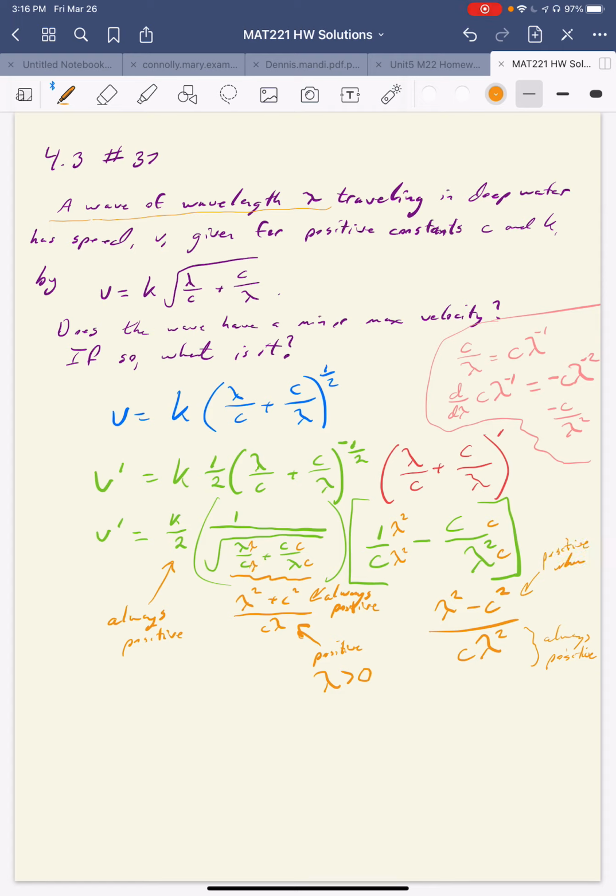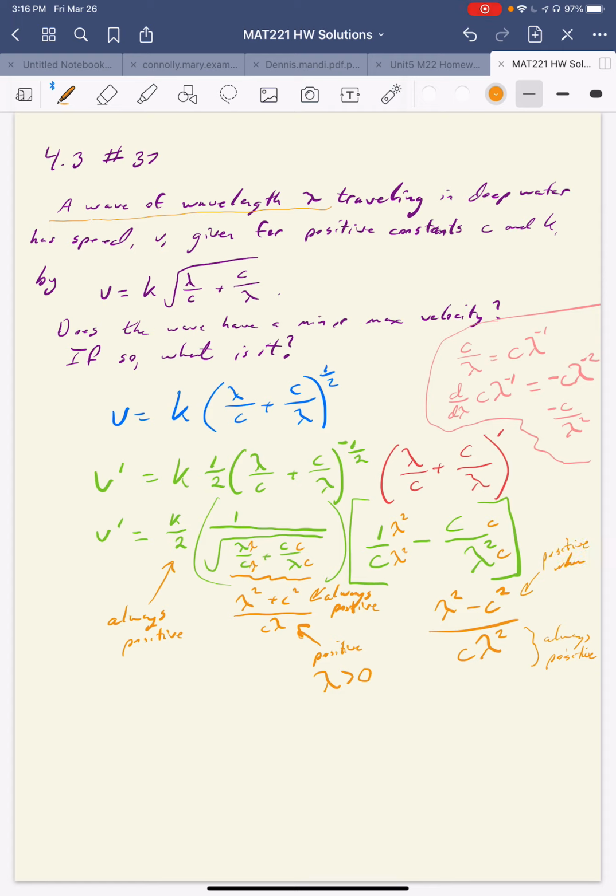But when I go back and look at this again, I see that if lambda is less than c, I'd get some number that's less than c squared minus c squared. That would be a negative number. And so as long as lambda is less than c, my derivative is negative, which means that when lambda equals c, my function v is minimum. That's where the minimum value occurs.